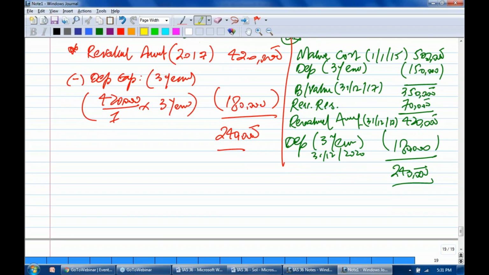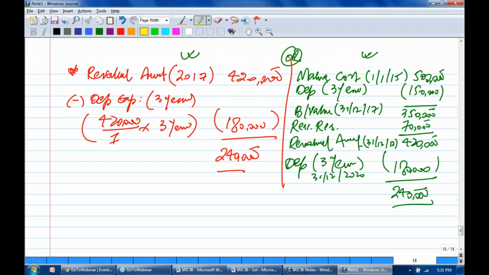But another important point is that this is the overall working with respect to the revaluation amount. And this is the particular point where examiners normally make the mistake. If we book the value of this 2,40,000, actually we are making one mistake.